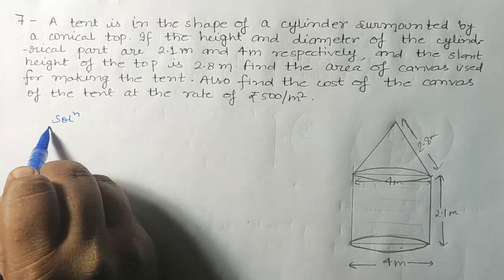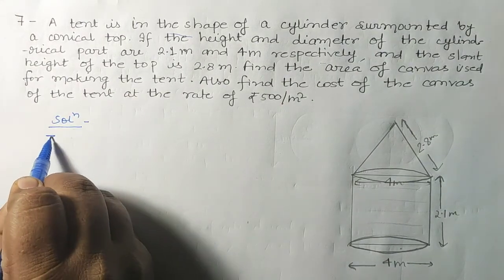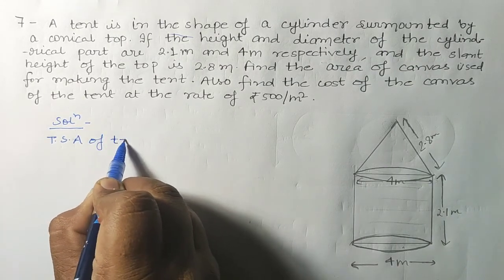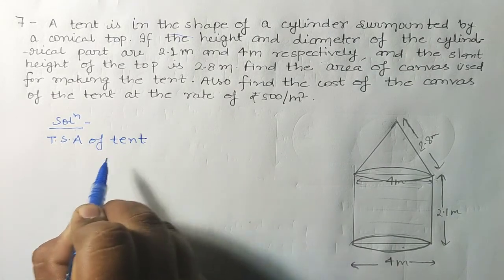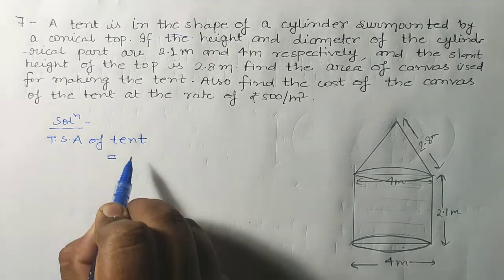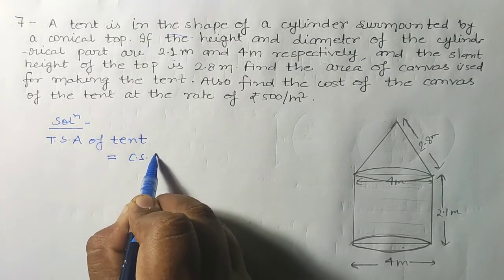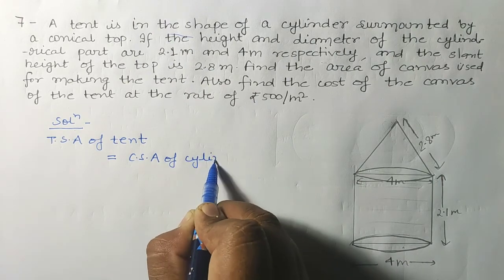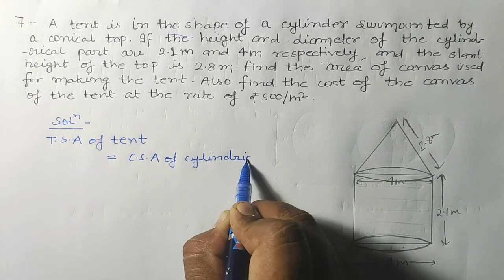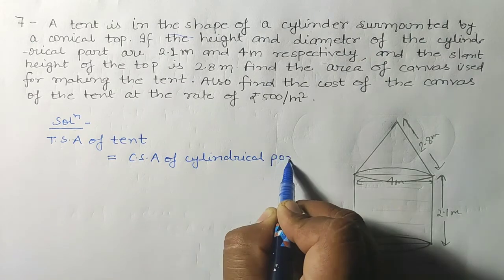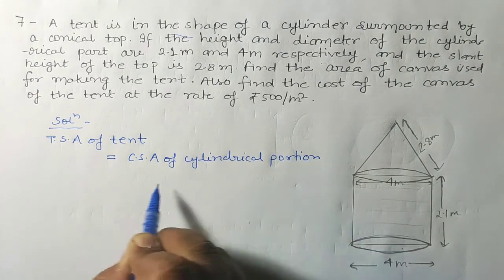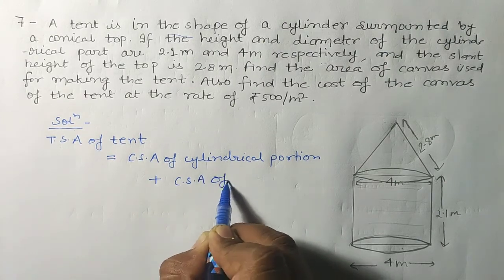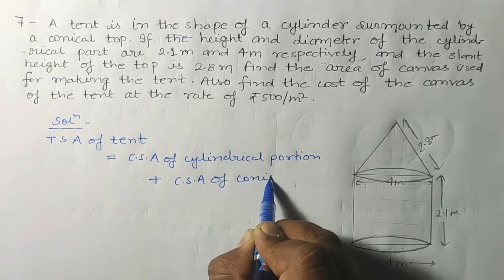In the solution part we will write that the total surface area of the tent is equal to the curved surface area of the cylindrical portion plus the curved surface area of the conical portion.